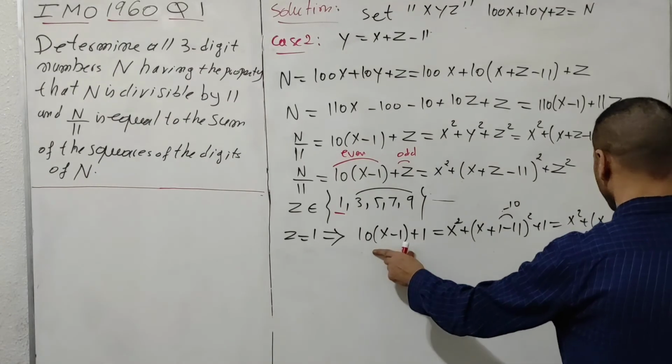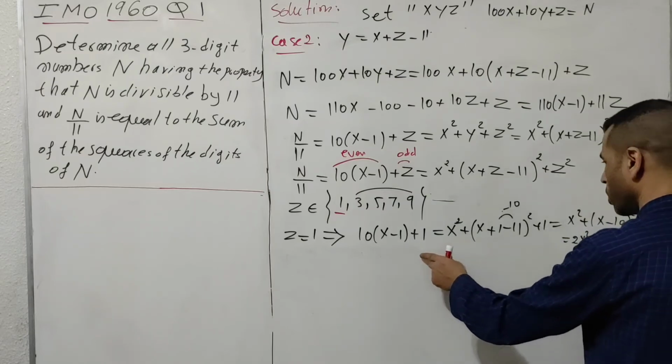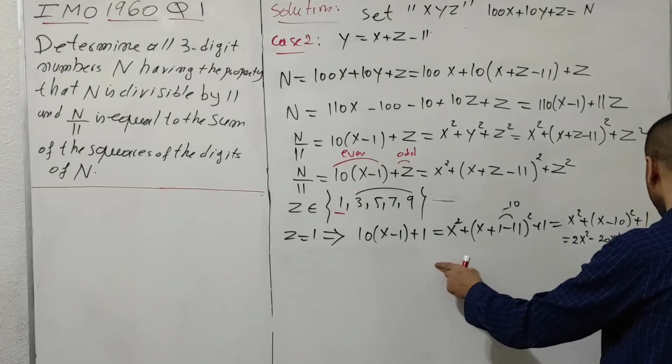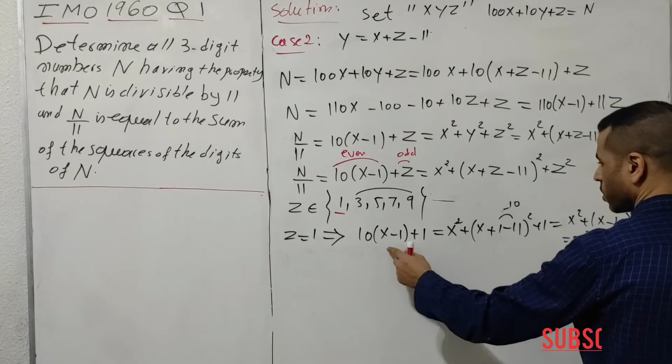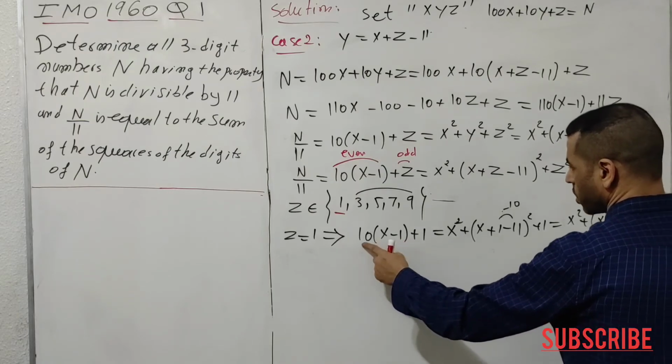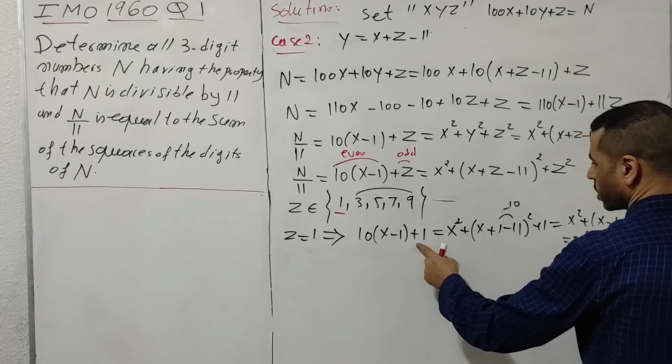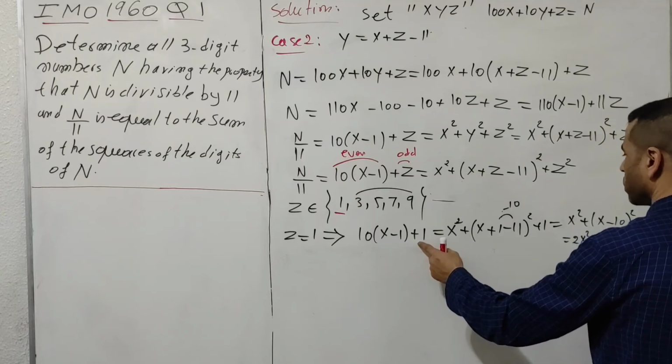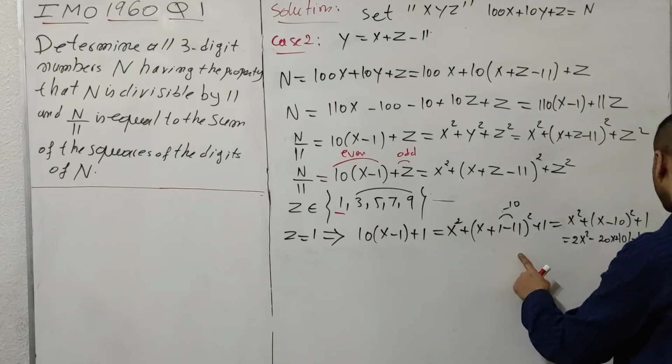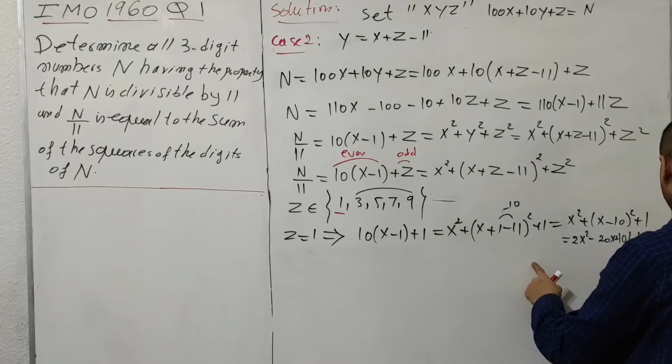Taking these two terms to the right hand side of this equation, I will get minus 10x, and minus 10 plus 1, which is minus 9. Taking this minus 9 to the right hand side becomes plus 9 equal to 0.